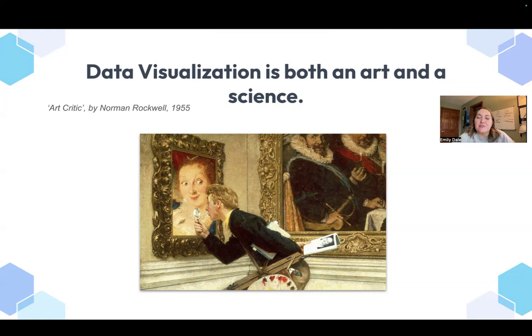It can be a very difficult concept to start to understand, because if you were a more, I always forget if it's a left or right brain, if you're a more scientific person, you might have been more used to the math, the statistics, the economics, things that are not 100% black and white, but a little bit more black and white.